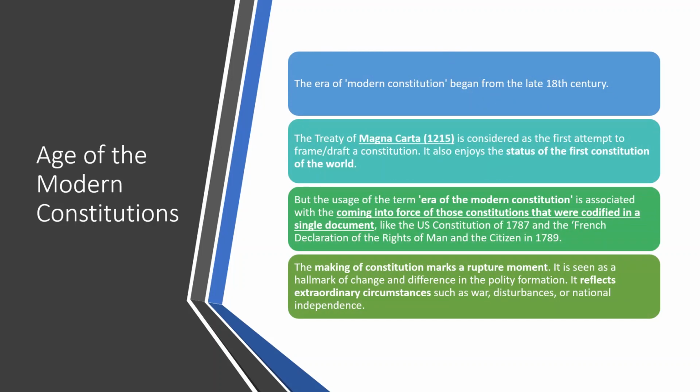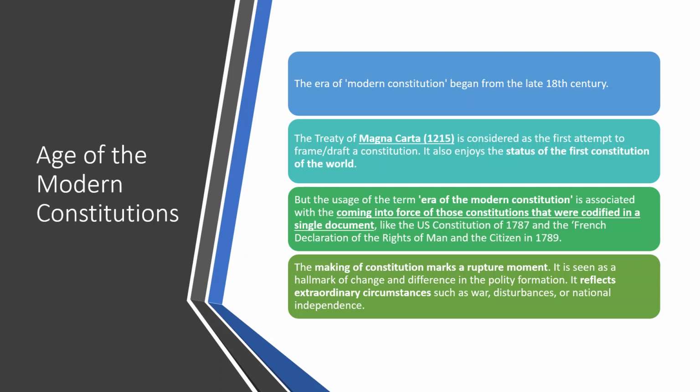The Treaty of Magna Carta 1215, which is organically attached with the history of rule of law as written by Professor A.V. Dicey. Here, the Treaty of Magna Carta is indeed considered as the first attempt to draft a constitution. It also enjoys the status of being known as the first constitution of the world.